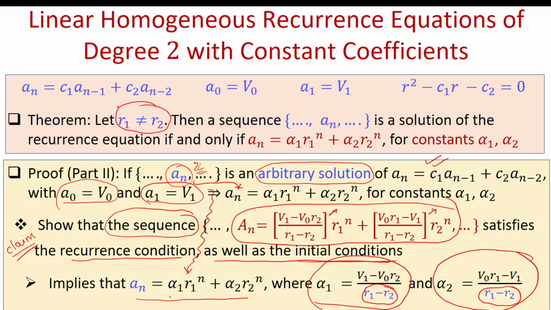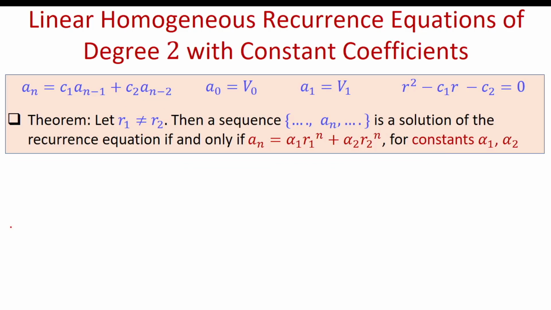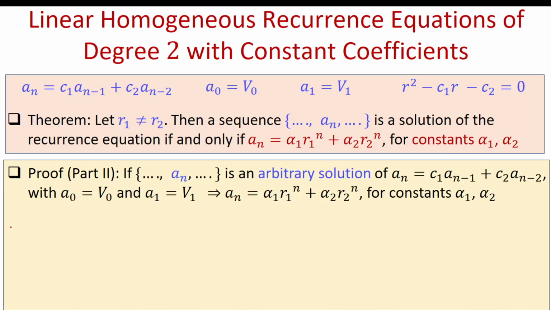So what is left now? We are now left with showing this. We have to now show this claim. We have to prove that this claim is true. So let's prove this claim. Here we are given some arbitrary solution for the recurrence condition as well as satisfying the initial condition. We have to prove that if that is the case, then the nth term of that arbitrary solution is of this form.